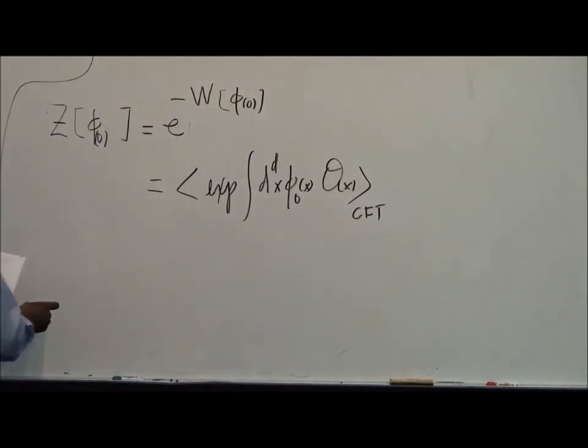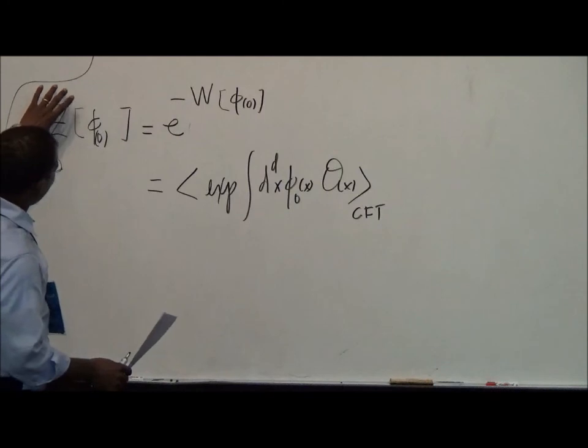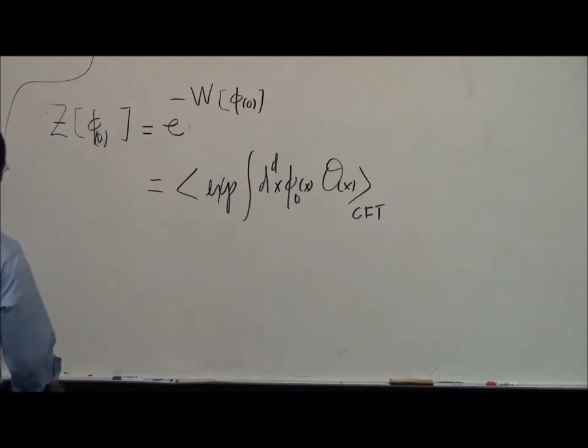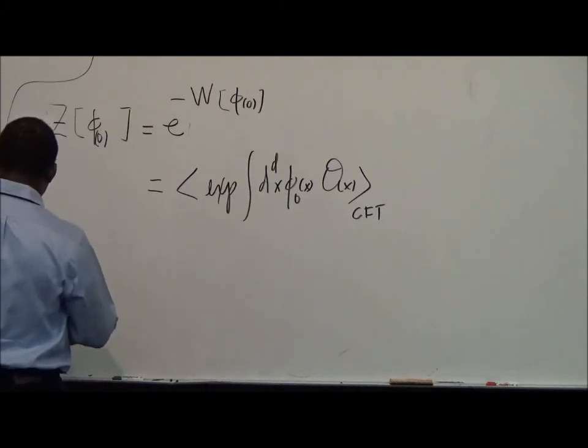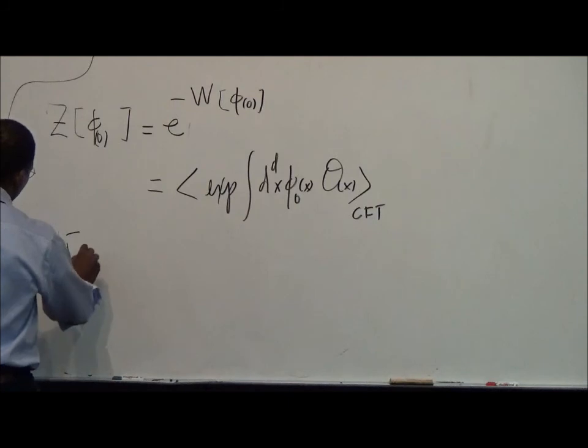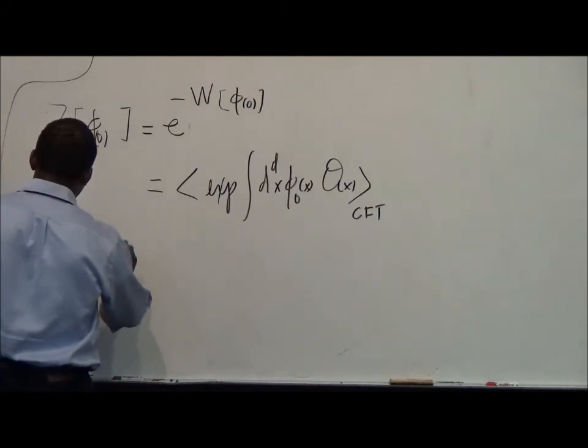So let me write it. What this prescription is telling me is that I need to compute the gravity action, in this limit that we're discussing, the supergravity action. Here's the statement of the correspondence at this level.